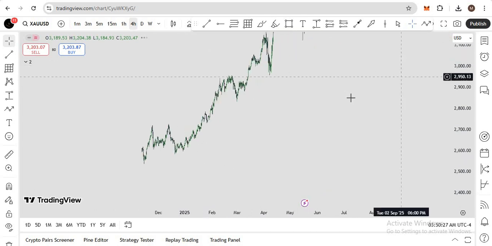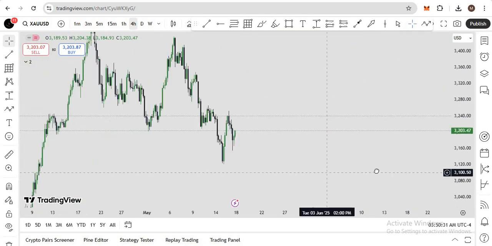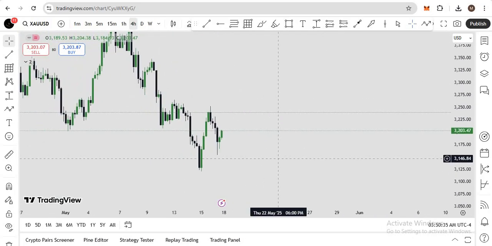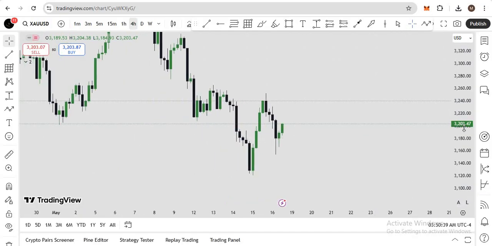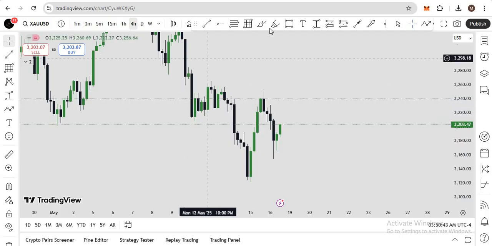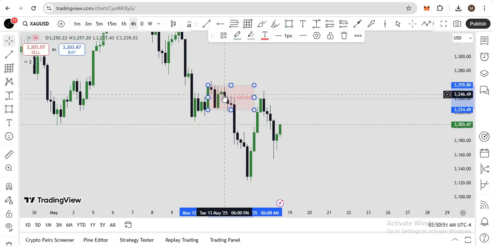I will show you a few examples here so you will get to know. We have engulfings here. The basic engulfing is here. Inside this one is also an engulfing, which I will explain in the coming video.